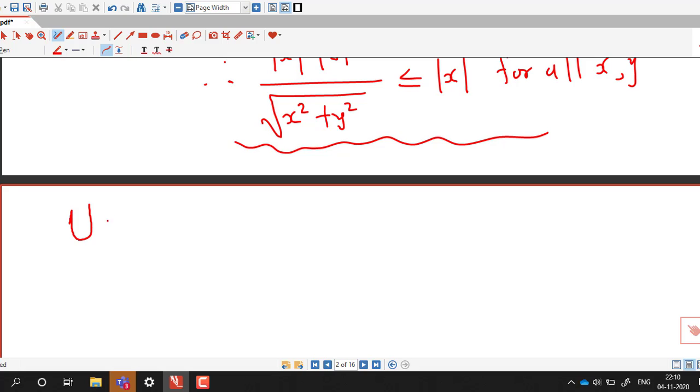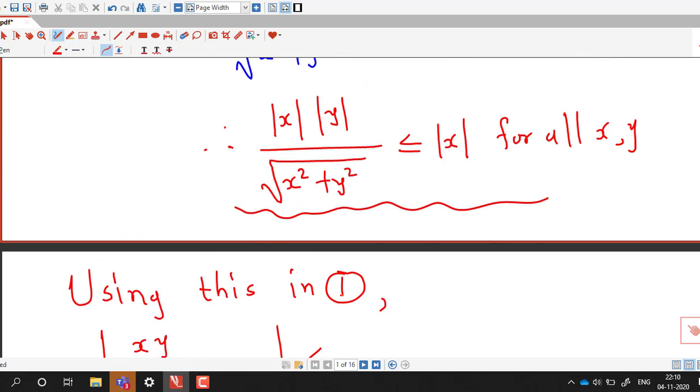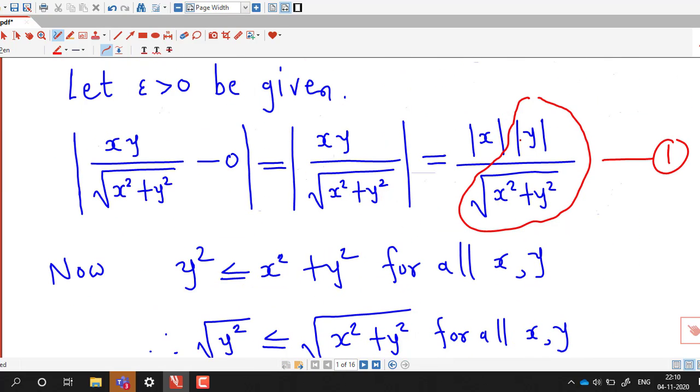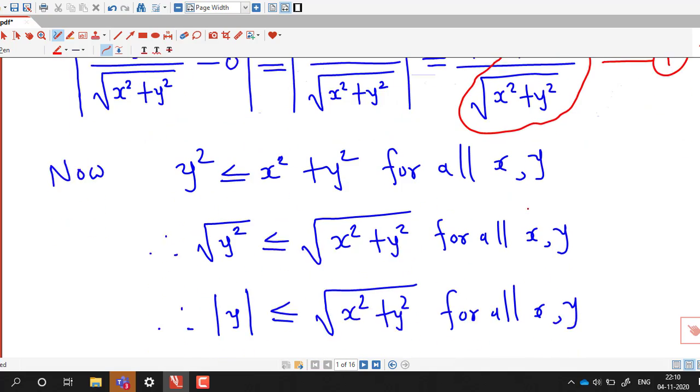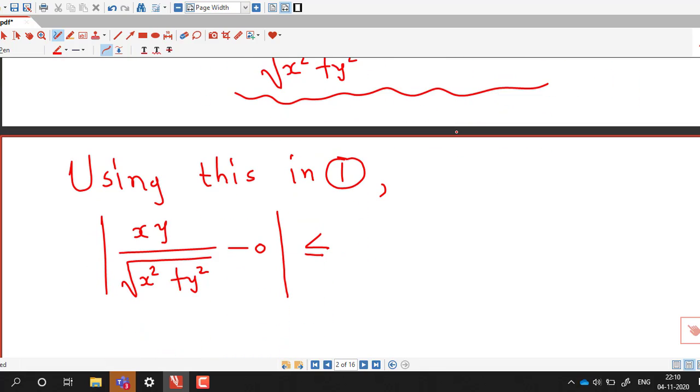So using this, in 1 we have xy over square root of x square plus y square minus 0 is less than or equal to mod x mod y over square root of x square plus y square, which is less than or equal to mod x. So here we write absolute value of x.